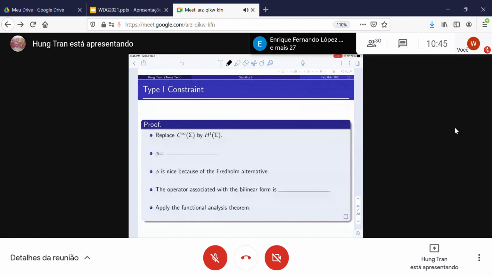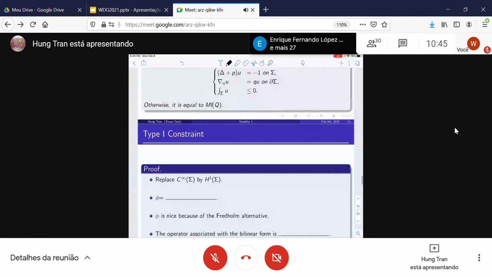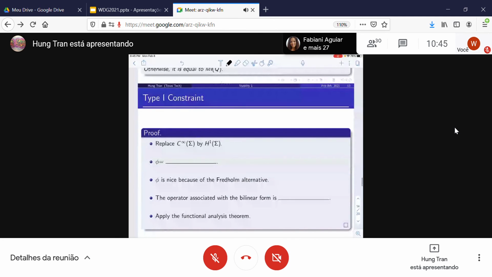So the proof here, first, we replace the space of smooth functions by a Hilbert space H1. Why can I do that? Because the space of smooth functions is dense inside this space, and it can be shown that the index doesn't change. That's why we could go from this space to a Hilbert space.